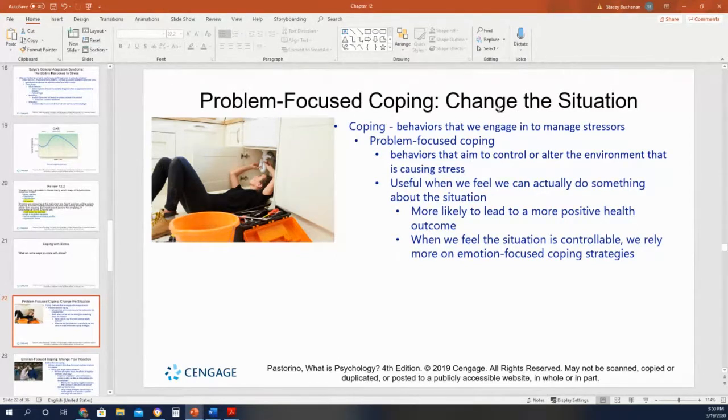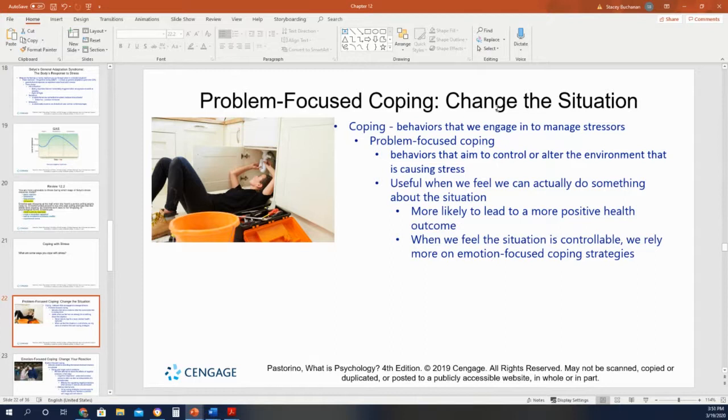So when you're under a lot of stress, do you clean? Do you exercise? Do you watch TV? Do you go for a run? Coping is just what you do when you're stressed out and the ways you deal with it. And there are two overall types of coping.